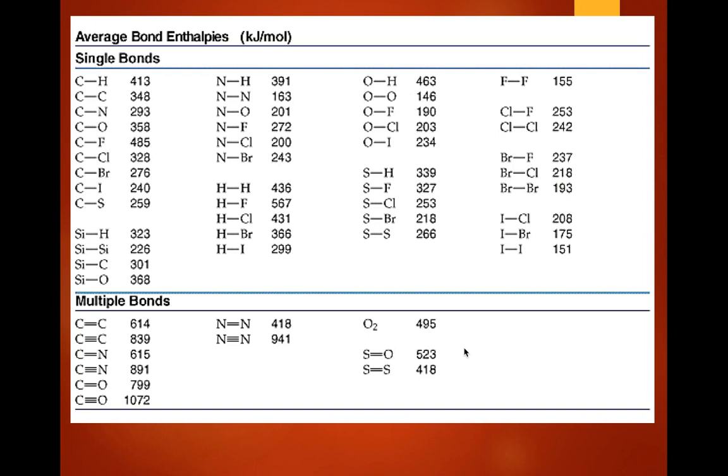Like, who else are they attached to? Because if we have polarity and something's really electronegative, it's going to pull on that bond and make that bond shorter or stronger. So this is an average.